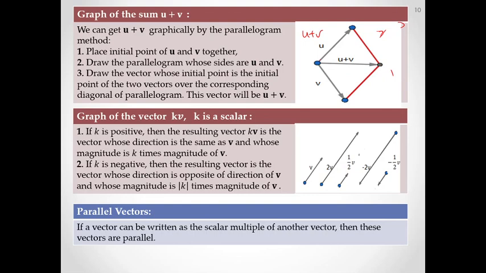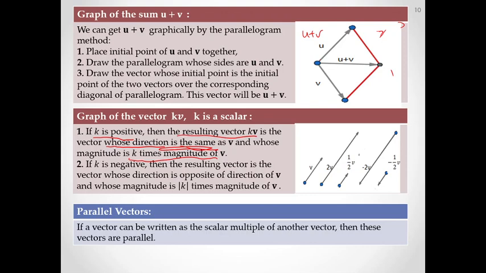And if k is positive, multiplying the vector with k might change the direction, it might change the magnitude, it might not change the magnitude, it might change the vector only. So here is the situation. Depending on the value of k, if k is positive, the resulting vector kv will be in the same direction as v, but it will be k times the magnitude of v.